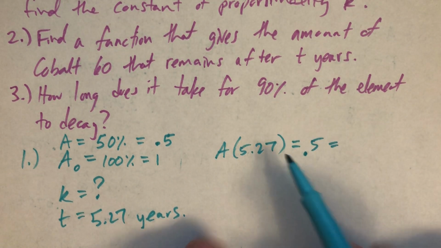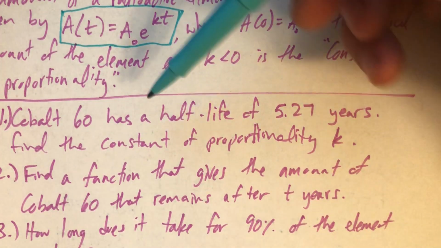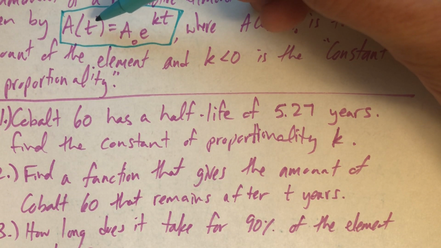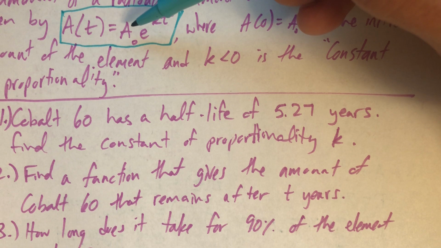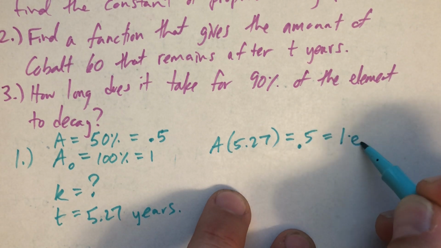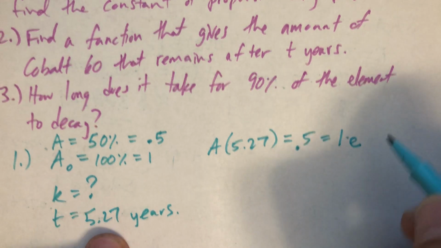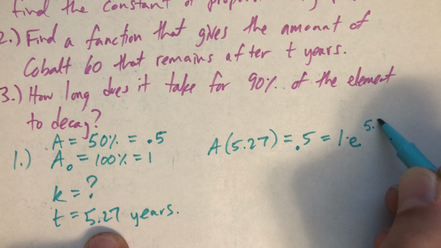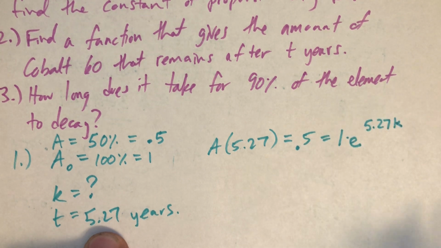And that has to be, we're just plugging it into the nice formula here, right? A of t, we put 5.27 here. Our initial amount now, this is 1. And then we've got e to the k times t power, so 5.27 times k.